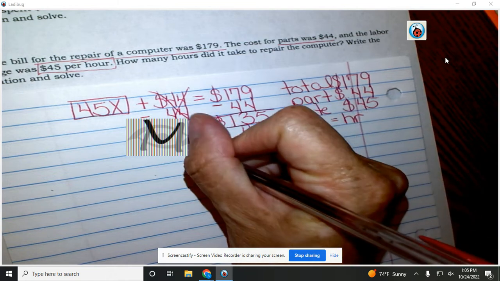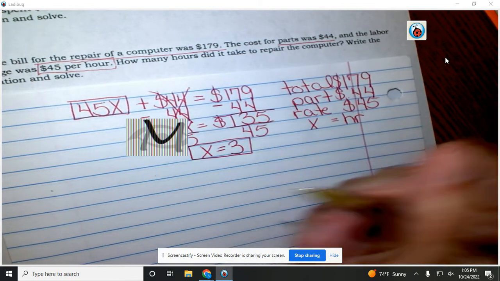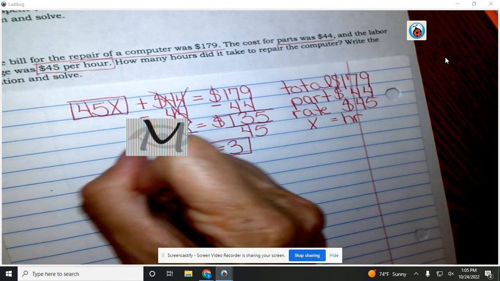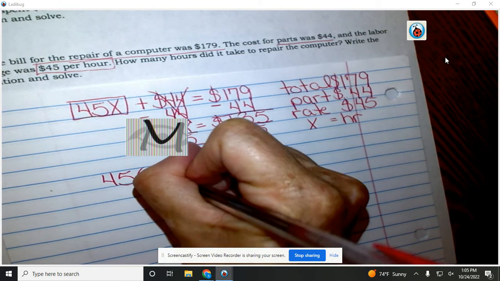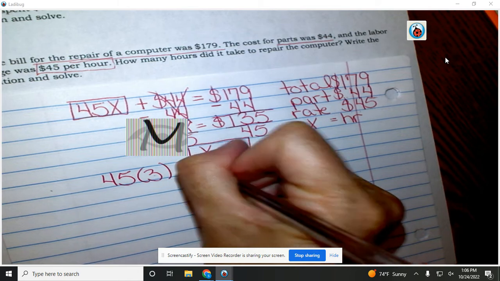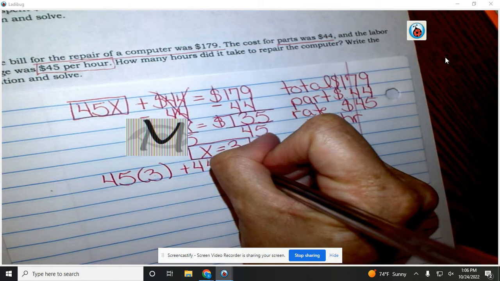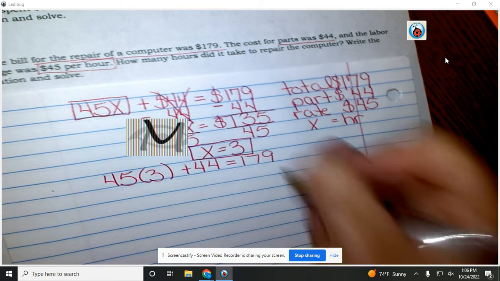If you wanted to double check your work, you would do $45, which is that hourly rate, times 3, add your $44 to it, and if you did it correctly, it would give you $179.